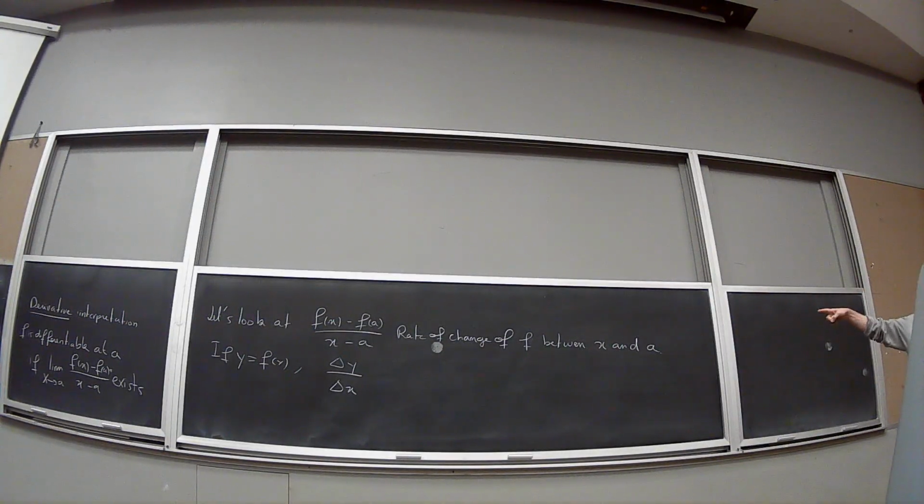But if you want to take f of x minus f of a over x minus a, what is f prime of a? You take a limit, right? As x goes to a. So you're taking the limit as x goes to a. How do I interpret this limit as x goes to a? If you were to give it an interpretation.